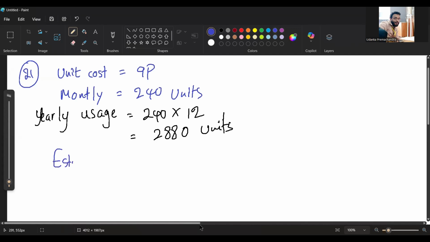You have to multiply these units by 9p. 2,880 multiplied by 9 is 25,920.